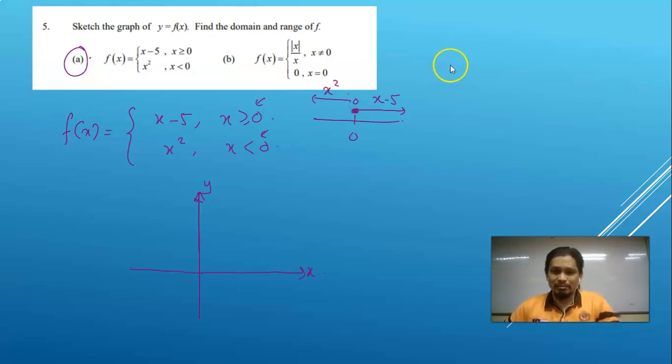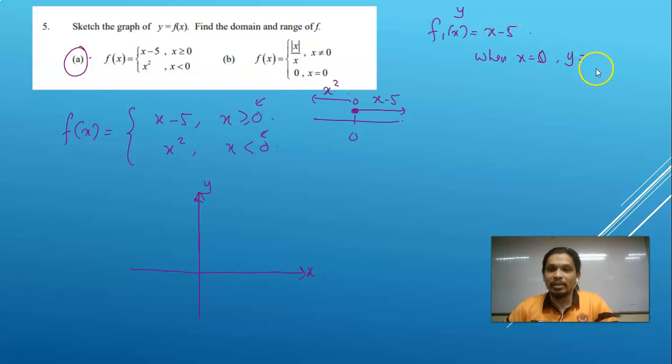Okay, let's sketch in general, let's say, f1(x) equal to x minus 5. We sketch in general without limiting the domain first. So just imagine that this is also considered as y equal to x minus 5. When x equal to 0, y equal to -5.